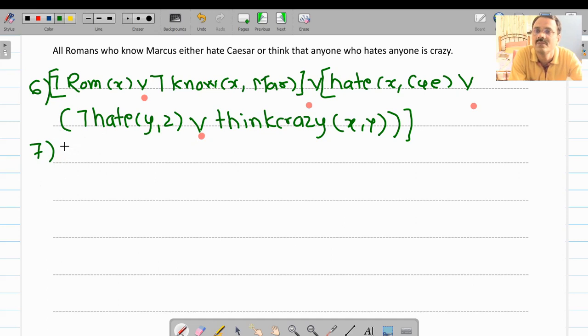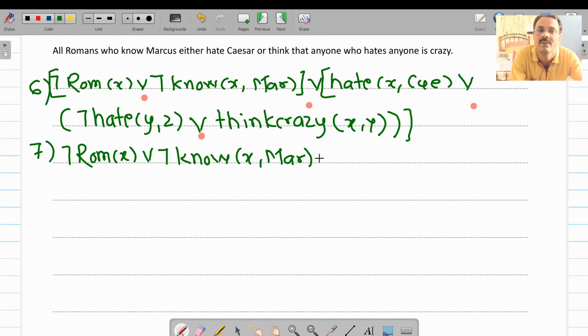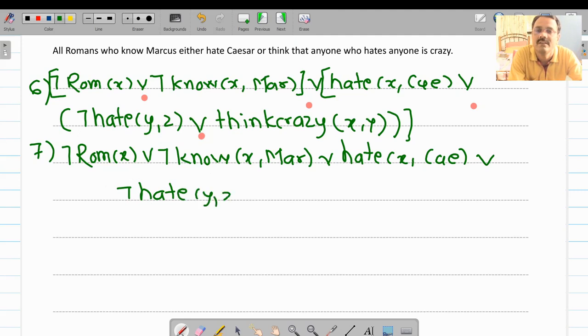The same formula you can write this way. You have to remove those brackets: not Roman x, or not know x Marcus. Those brackets are not required now. Or hate x Caesar, or not hate y comma z, or think crazy x comma y.